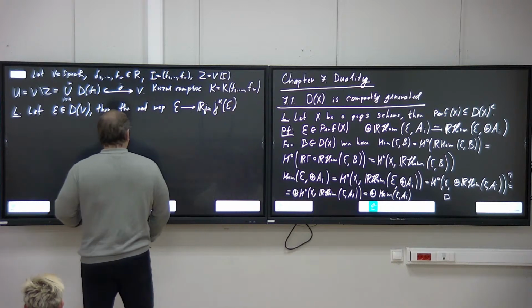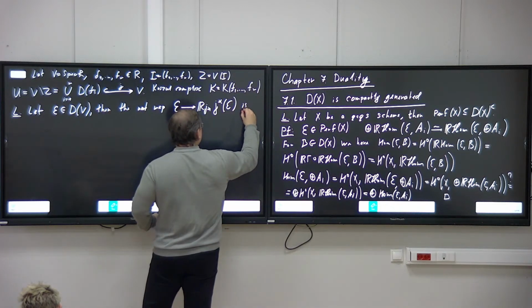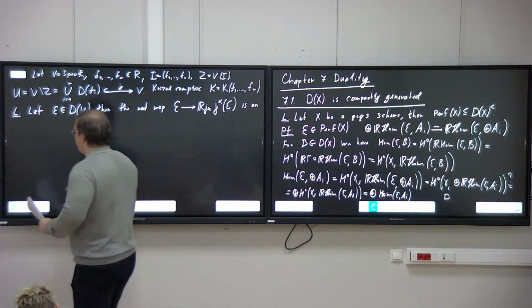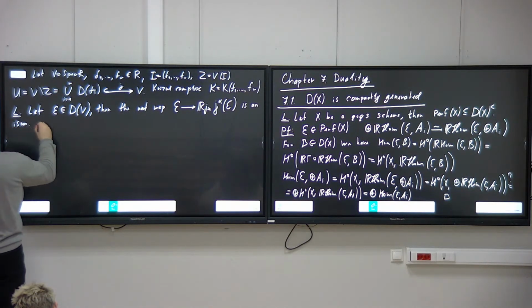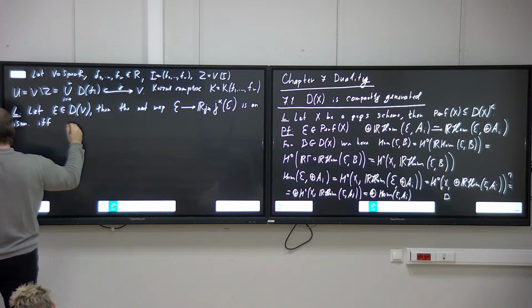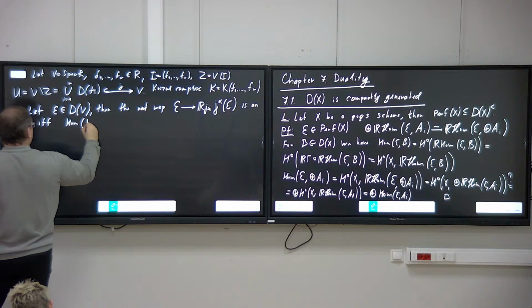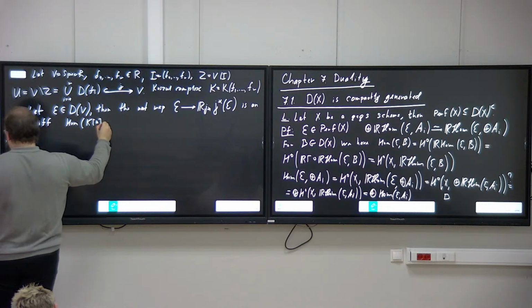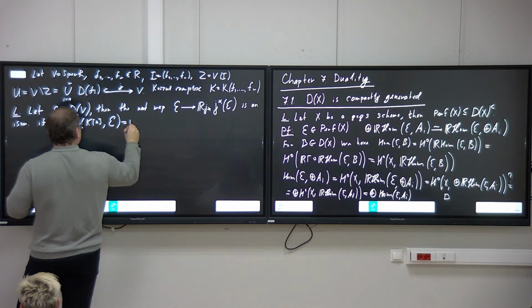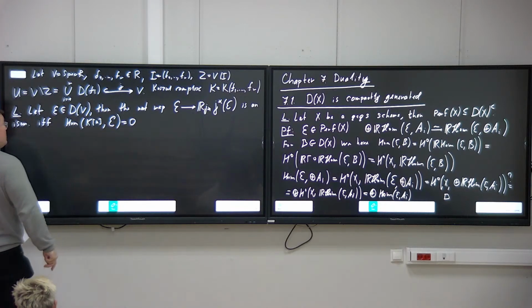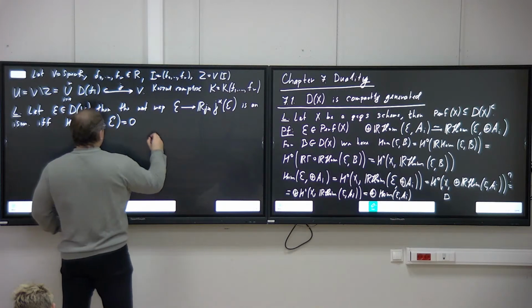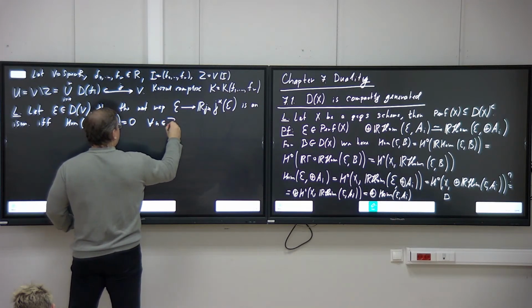So this natural map is an isomorphism if and only if Hom from K shifted by n to E is equal to 0. So this is of course Hom, which I take in the category D(R). So this is 0 for any integer n.